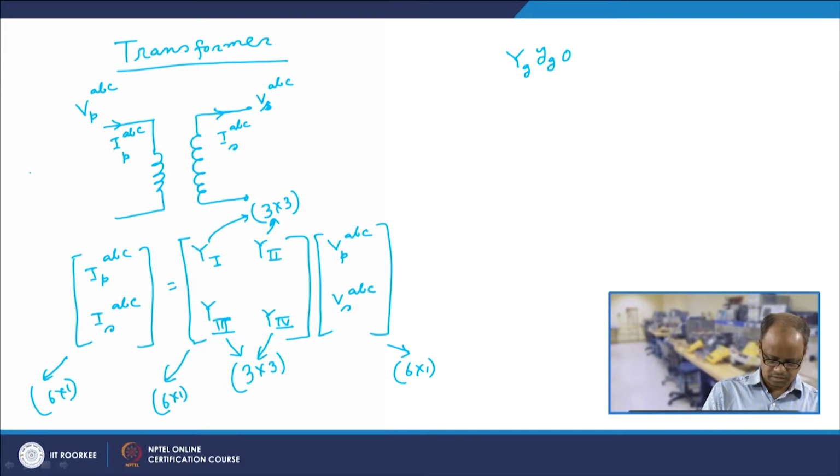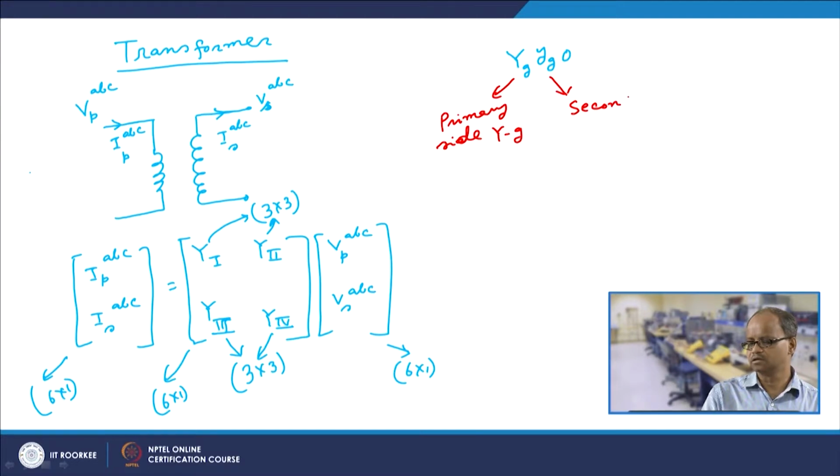This means that this is the primary side grounded, YG, and this is the secondary side, also yg.